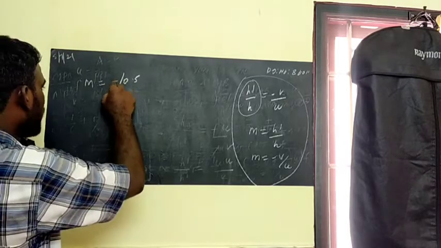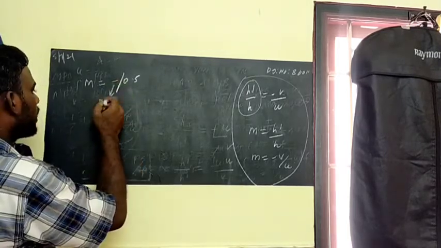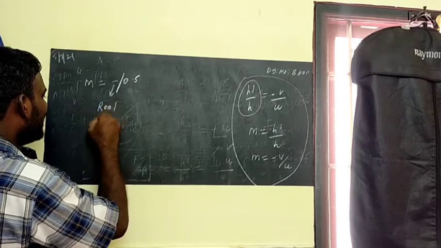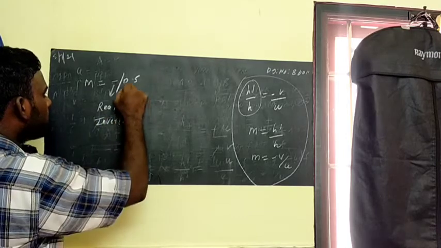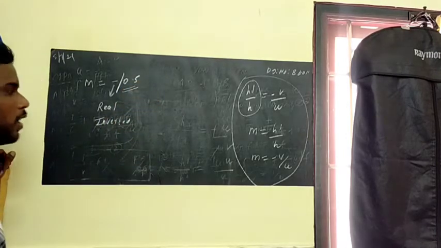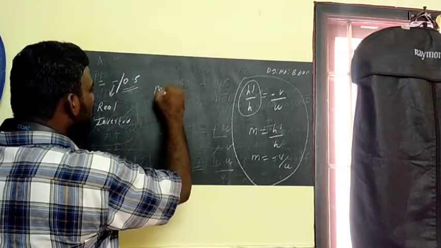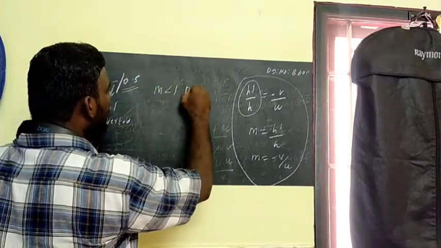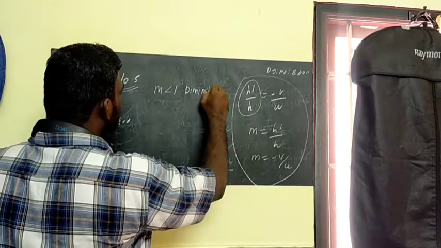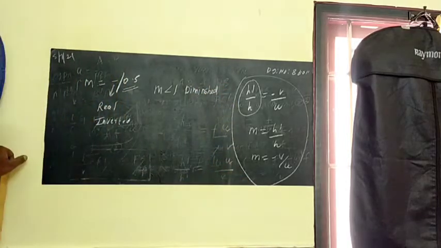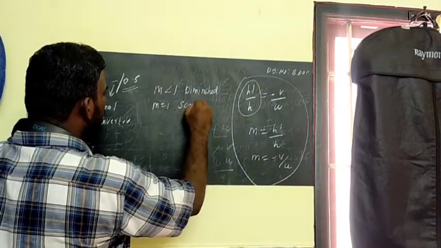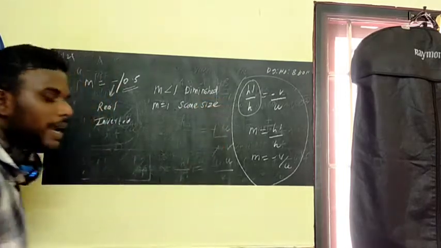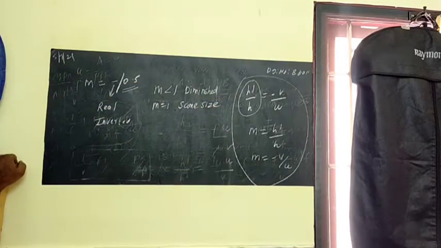If you get the m value in minus, it denotes a real and inverted image. Coming to the numerical value, if it is lesser than 1, that is called diminished, which means the height of the image is lesser than the height of the object. If m equals 1, that is the same size, like in a plane mirror.